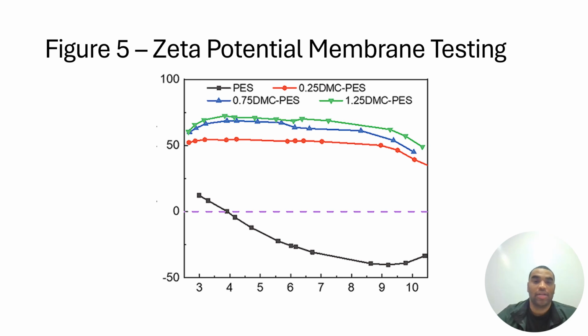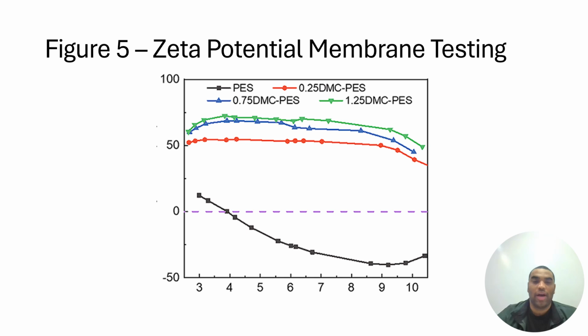In contrast, the DMC-PES membranes show significantly higher positive zeta potentials across the entire pH range. This increase in surface charge is attributed to the incorporation of DMC monomers, which introduce amine groups that remain protonated under neutral and acidic conditions.